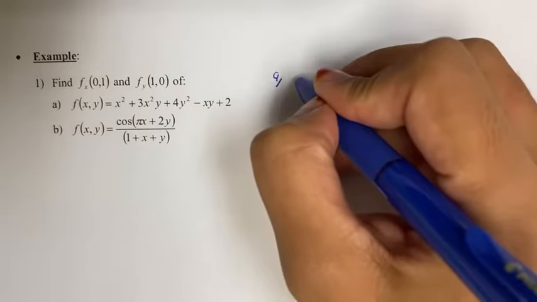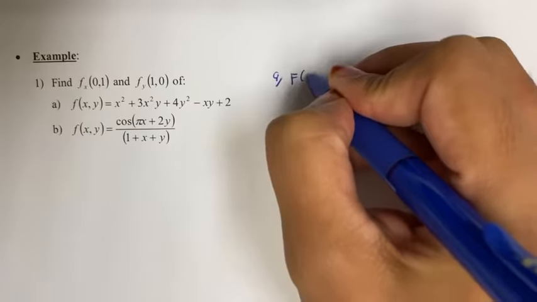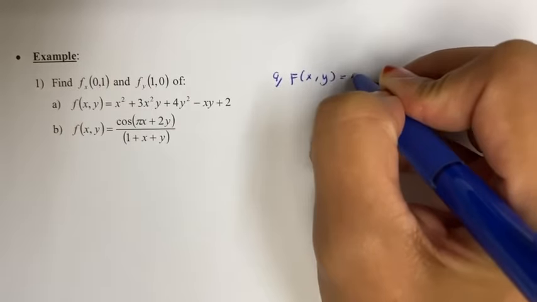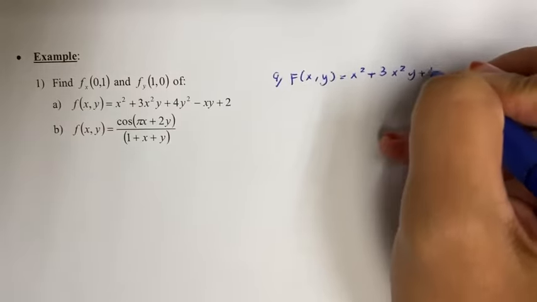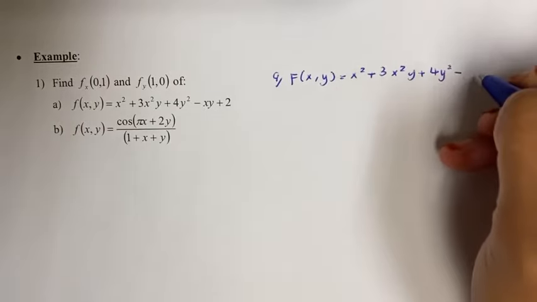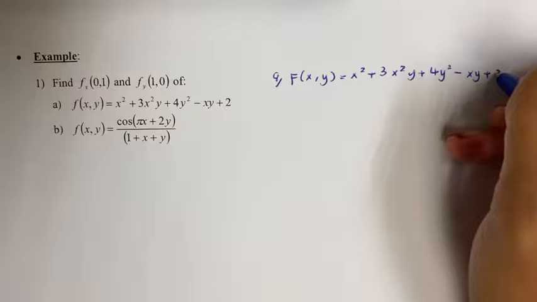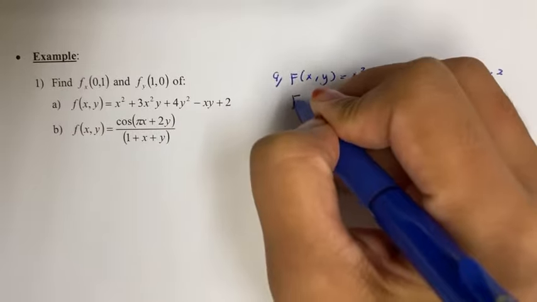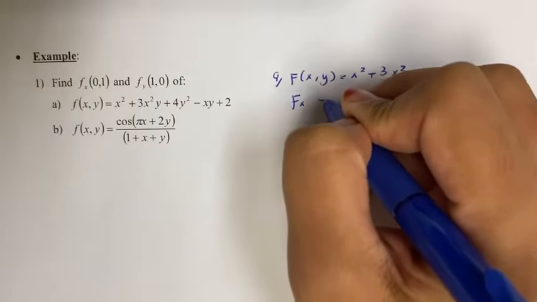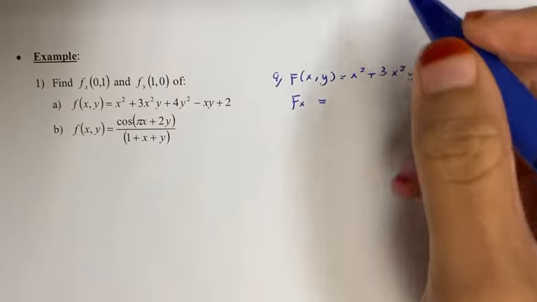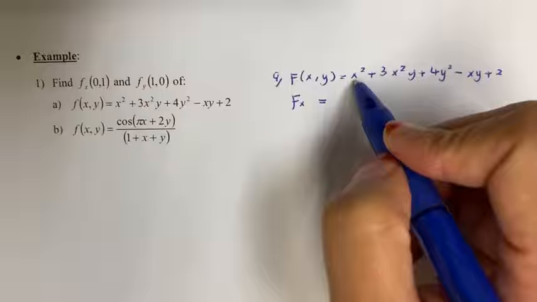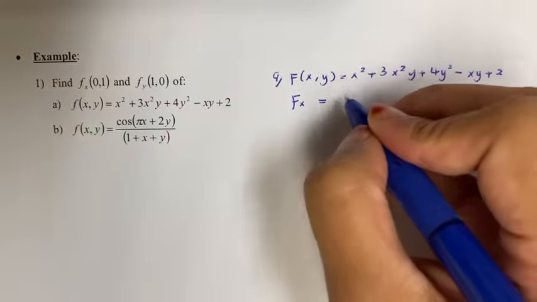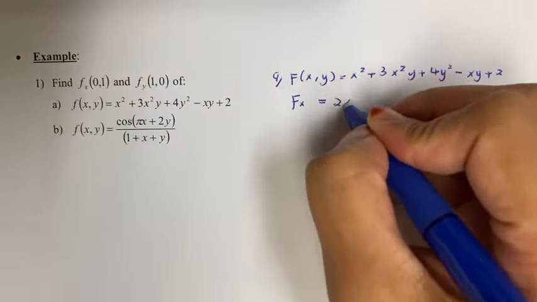Okay. When you have f(x,y) equal to x square plus 3x square y plus 4y square minus xy plus 2. So to find fx, we differentiate with respect to x. Here you have x square, so differentiating x square gives 2x.